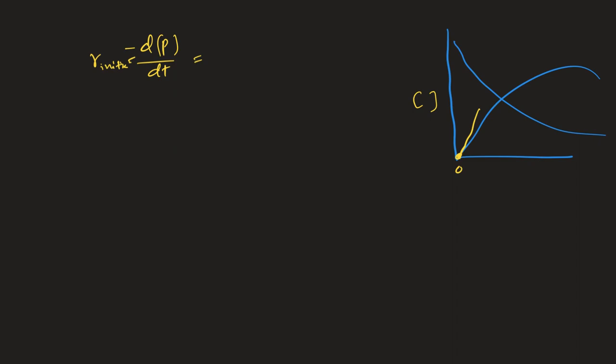Then what can we write here? 0. Then this is called change in product concentration. This is the final, this is the initial.